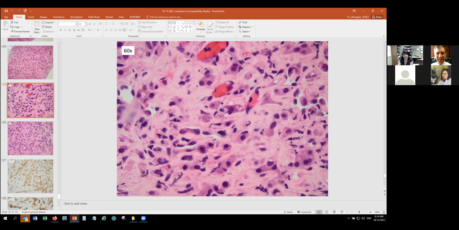Yeah. So we have another question from Dr. Tu, who says that it's sometimes challenging to differentiate hepatoblastoma from hepatocellular carcinoma. In your experience, how would you differentiate these two entities? Does immunohistochemistry help, for example? Okay, for hepatoblastoma, usually the patient's age is young, and the AFP is usually sky high.